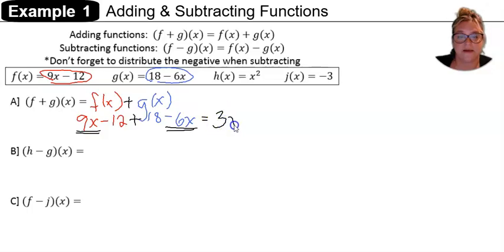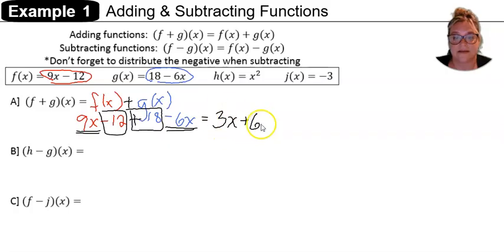Those combine to be 3x. Okay, then we've got a negative 12 and a positive 18, and 18 minus 12, or negative 12 plus 18, that's going to be a positive 6. Okay, and that's completely simplified. So the function f plus the function g of x is 3x plus 6.